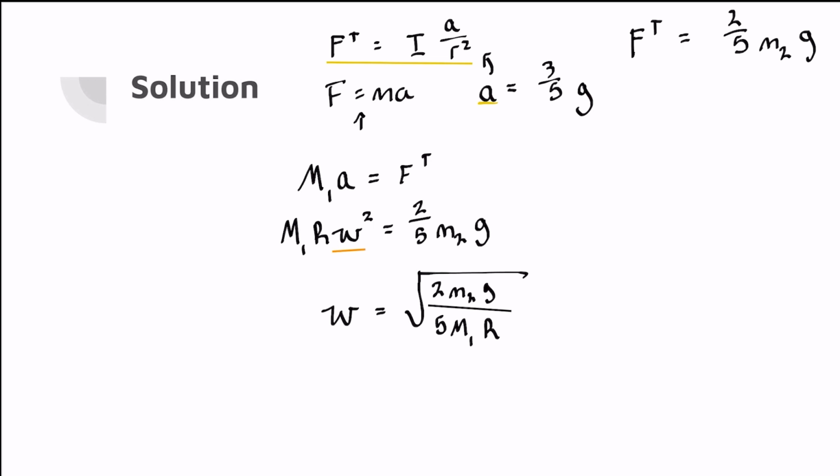Now, the reason we set this force tension equal to the mass of the box times the acceleration is because the mass of the box is the only one that is experiencing this angular acceleration. The ball is not. It's through the middle. It is rotating, yes, but it's not experiencing the angular acceleration of the turntable.